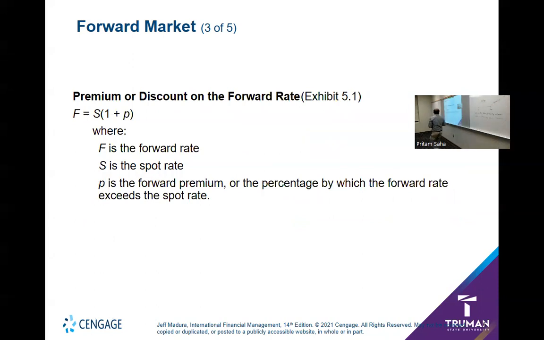So far we know how to calculate forward rate, right? Some example, this is the forward rate between Australian dollar and US dollar. This is the spot rate. And sometimes we want to calculate the premium.